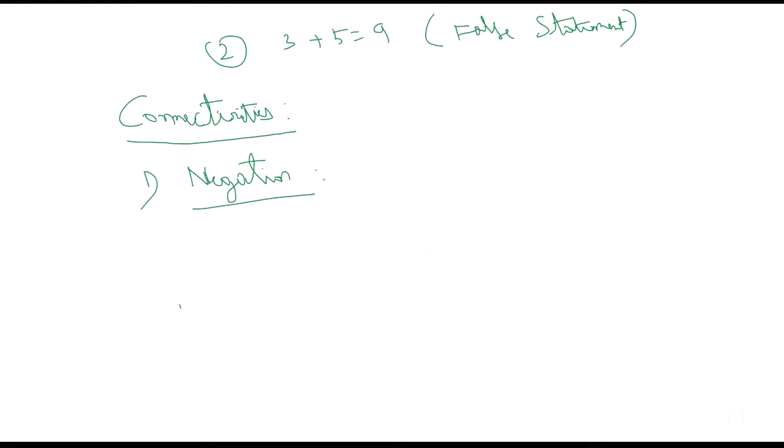How do we construct the truth table? Negation of P is denoted by this symbol.